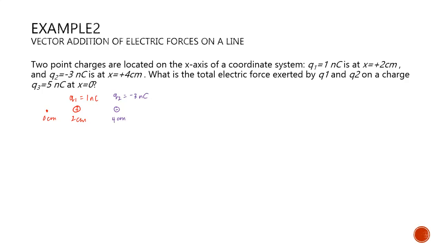So what is the total electric force exerted by Q1 and Q2 on a charge Q3, which is at x equals 0? Here at 0 cm, there is another charge, which is positive, 5 nanocoulombs.